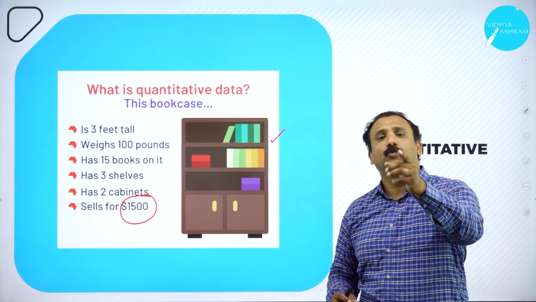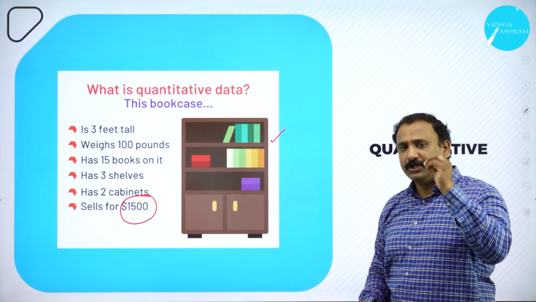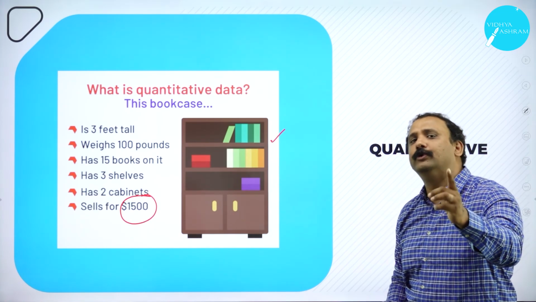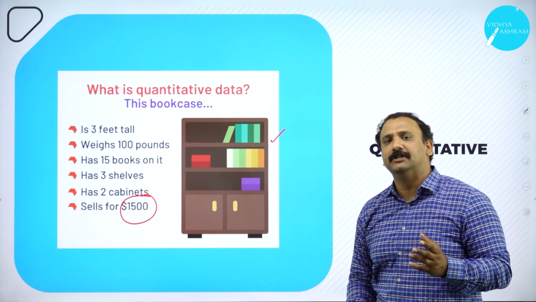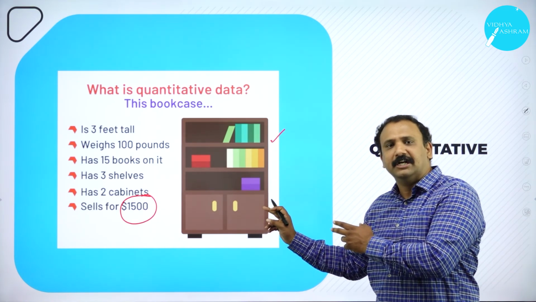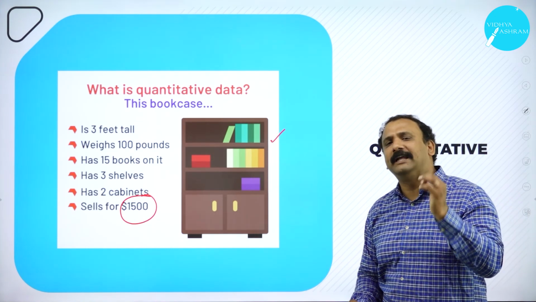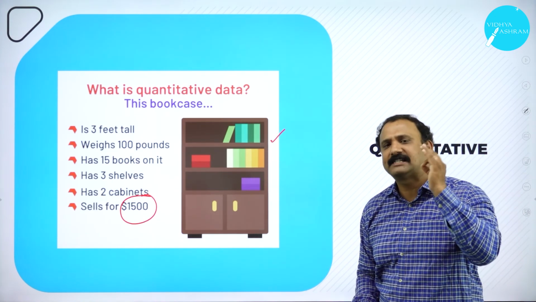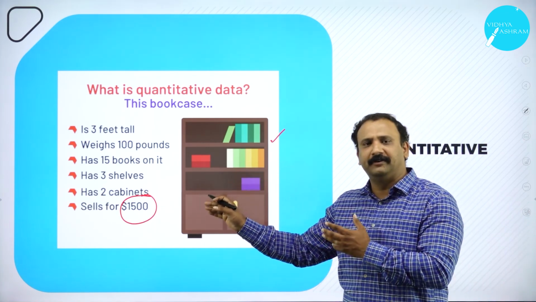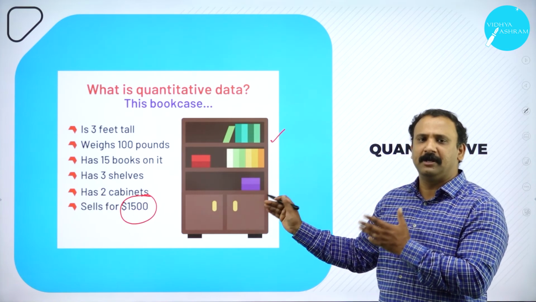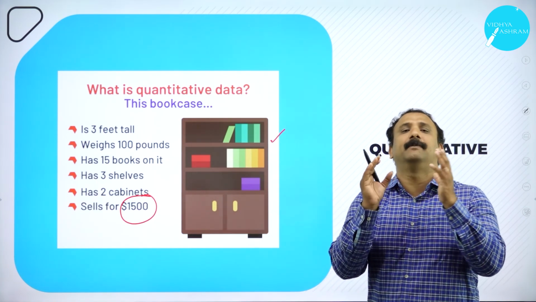This is what I call quantitative data, which means talk numbers and numbers only. I am not interested in theory. If I'm the person who's going to sell this bookcase to you, I'm just going to talk about numbers. I'm going to give you a brief description using the maximum number representation, and I'm going to tell you the value. If you are interested, please buy this bookcase from me at the price given, $1,500. So this is what we mean by quantitative.